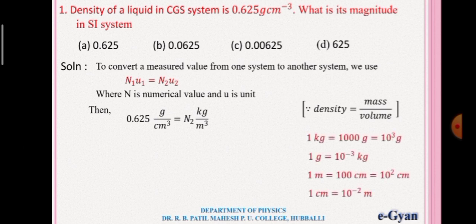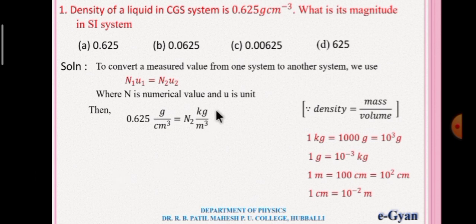We know that 1 kg is equal to 1000 grams, that is equal to 10 to the power of 3 grams, and I want to write 1 gram in terms of kg, that is 1 gram is equal to 10 to the power of minus 3 kg. If I take this to the other side, then it becomes minus 3. Similarly, 1 meter is equal to 100 centimeter, that is equal to 10 to the power of 2 centimeter, and 1 centimeter is equal to 10 to the power of minus 2 meter.